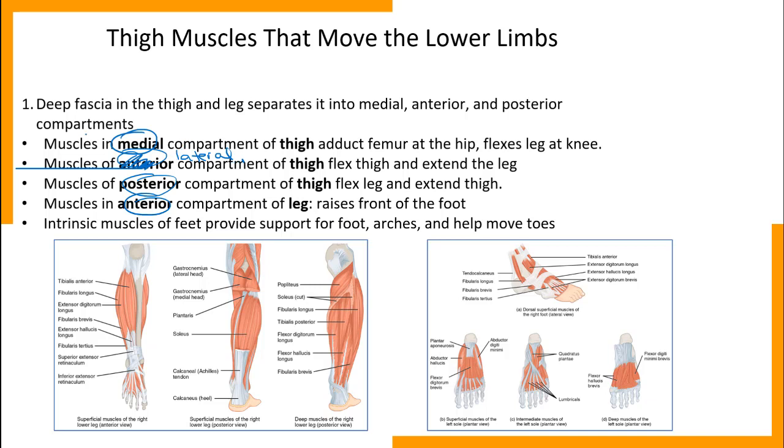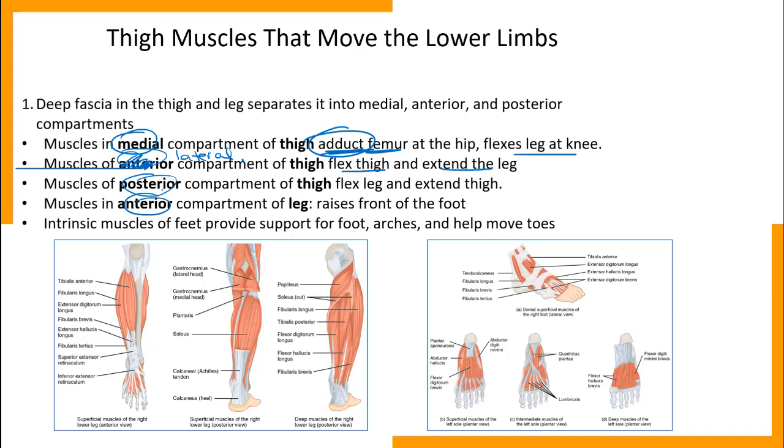So if you look at the medial compartment of your thigh, imagine when you actually contract those muscles, what happens is that it will bring the femur to the middle, adduct the femur, and it also flexes the leg at the knee, right? And then the muscles in the lateral compartment flex the thigh and extend the leg.